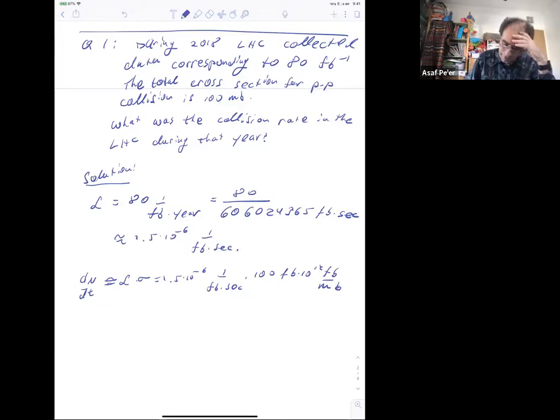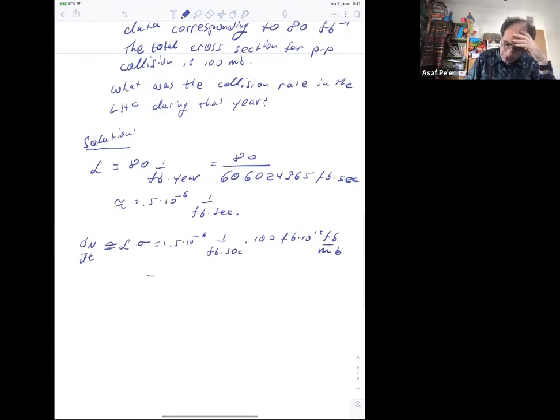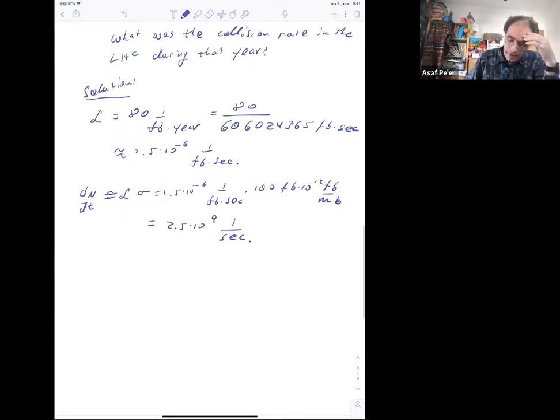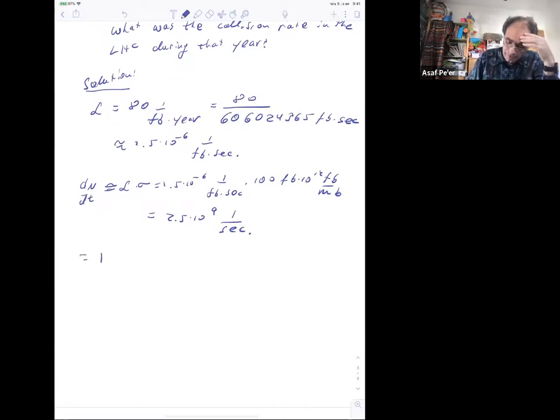Yeah, that's fine. Which gives us 2.5 times 10 to the 9 events per second. Or in other words, the PP collision rate was one collision each 4 nanoseconds.